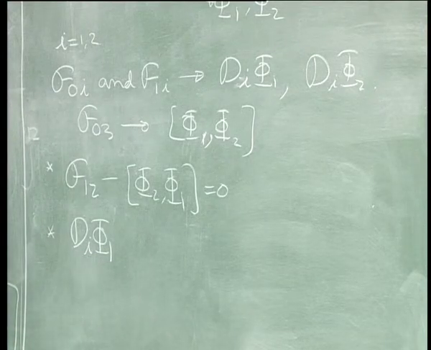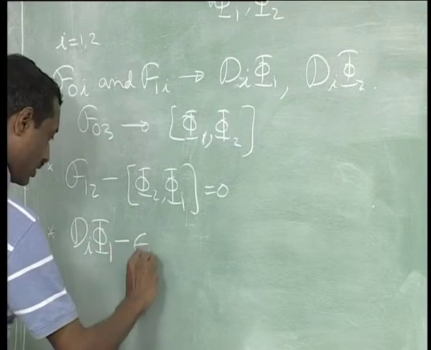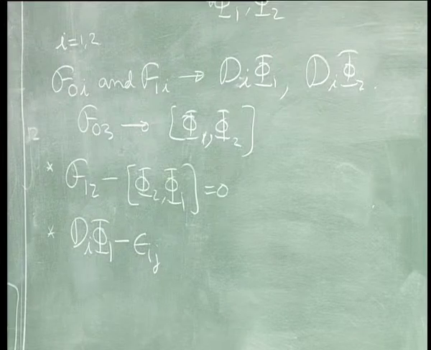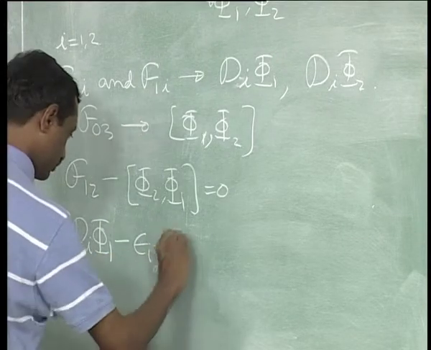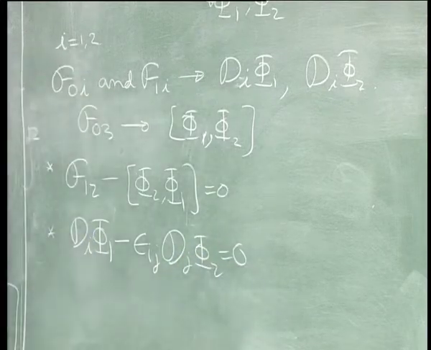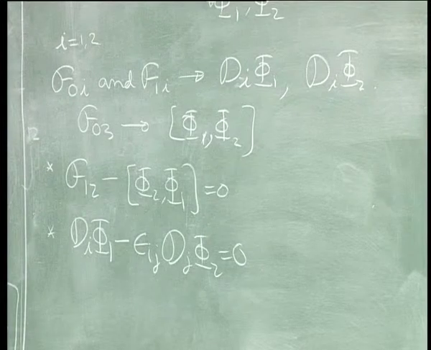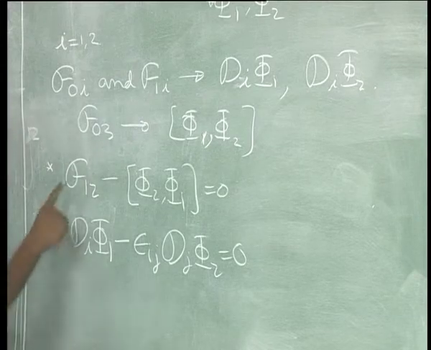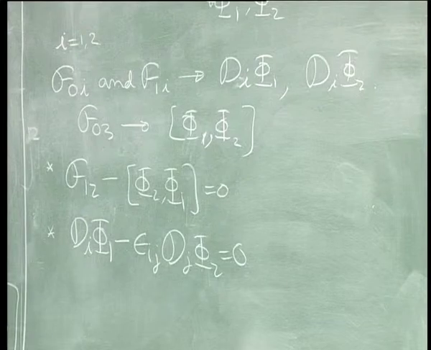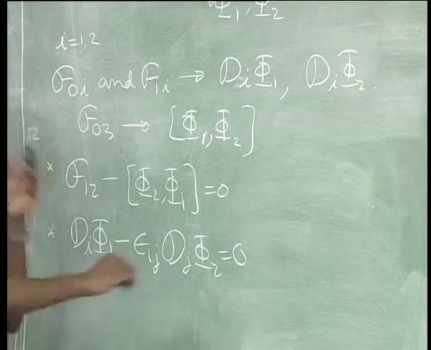So, this will just become minus some epsilon_ij, again I am a little bit loose with the sign, epsilon_ij of D_j of phi 2 equal to 0. This equation looks a little bit messy, but it will become very simple in a short while. Okay. Since we are in 2 dimensions, these are called the vortex equations, these are the non-abelian vortex equations.